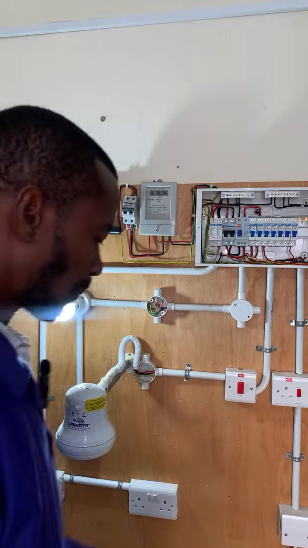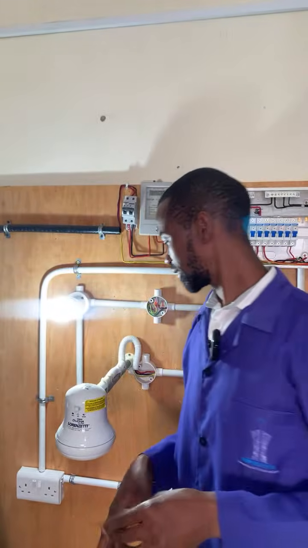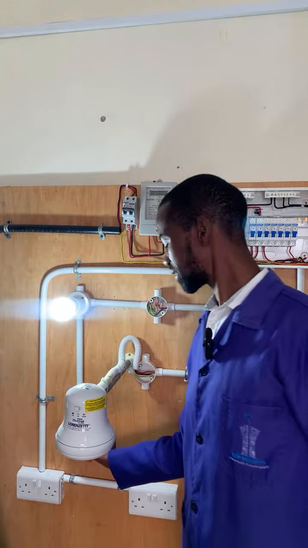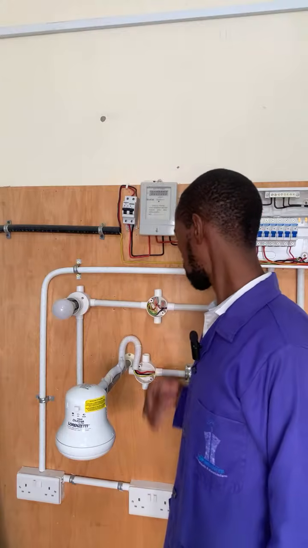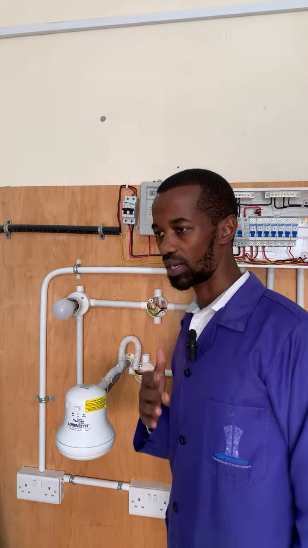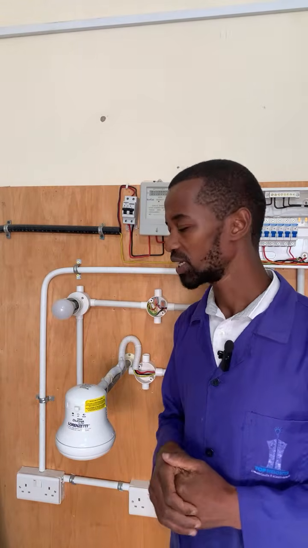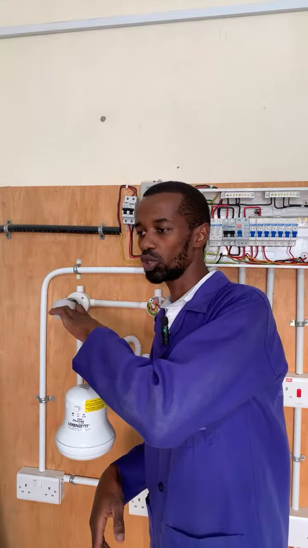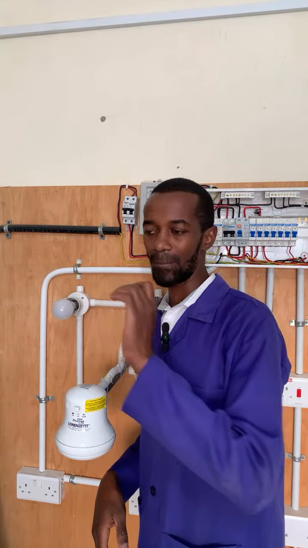So my top boss, that's it for today. In many cases, you find that most electricians don't want to include the earthing connection in their wiring, but it is very, very vital, very important in case the customer decides that they are not going to use this type of bulb, but they will use another lighting fixture.